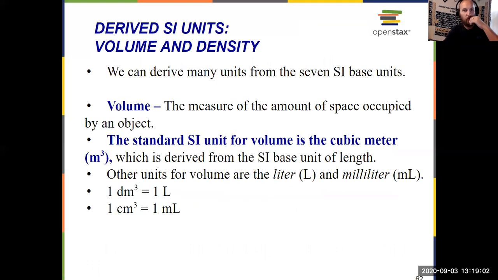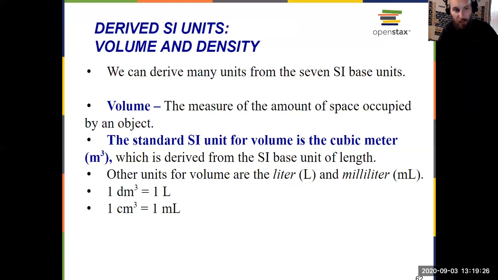So we finish section 1.4 with what's known as derived units, because you'll notice when I listed those SI units, we didn't have anything for volume or density. We just had things like length and mass. That's because we can get other units derived from those 7 base units in the SI. Everything else comes from those.